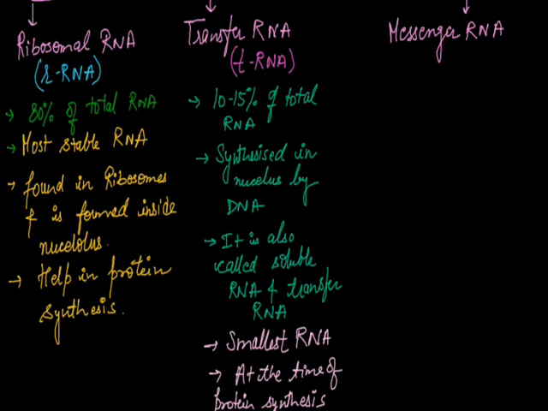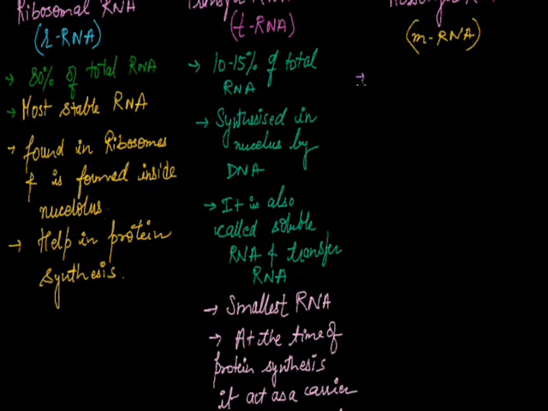The next type of RNA is messenger RNA, called mRNA. It forms 1 to 5% of total RNA.